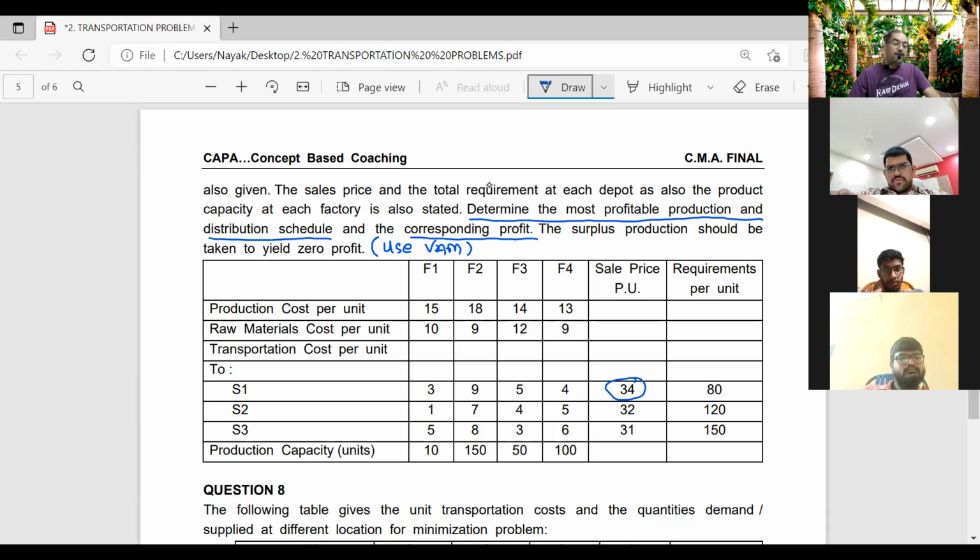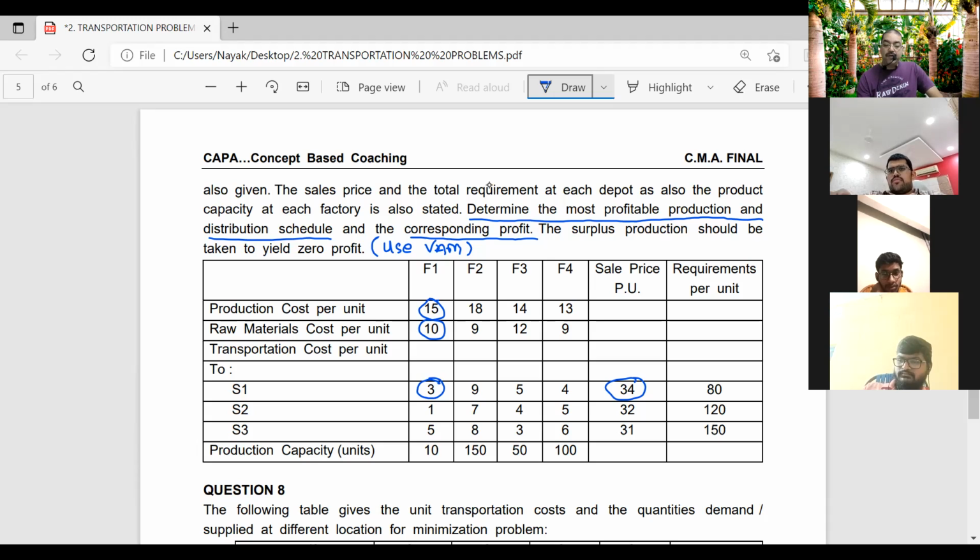So 34 rupees minus, for factory 1, production cost 15, raw material cost 10, and transportation cost 3: 34 minus 15 minus 10 minus 3. Selling price minus all the costs will give me the profit. Like this, I will be calculating the profit for all the cells.